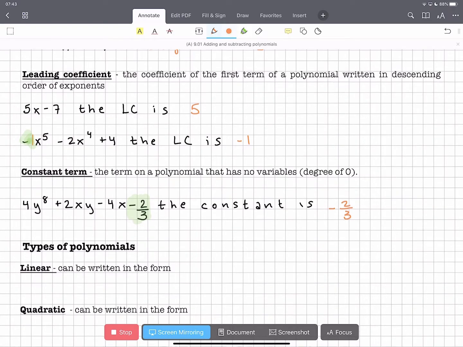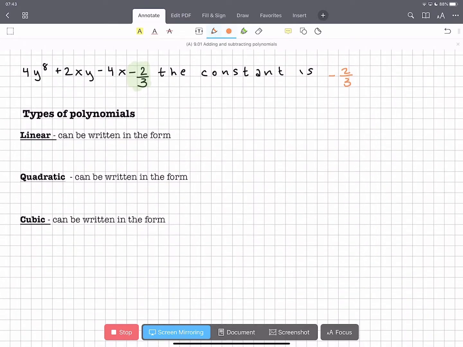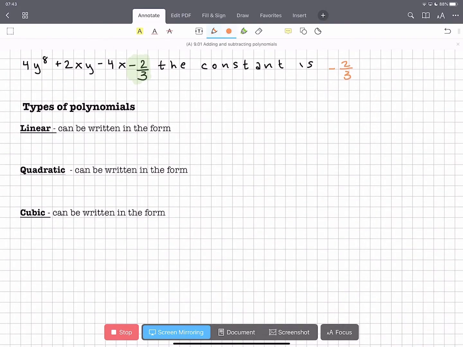Okay, now we have types of polynomials. There are linear, quadratic, and cubic. We already know linear is something that can form a straight line on a graph. So anything that could be written as y equals mx plus b.